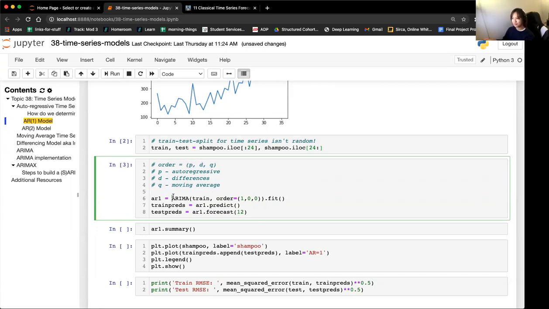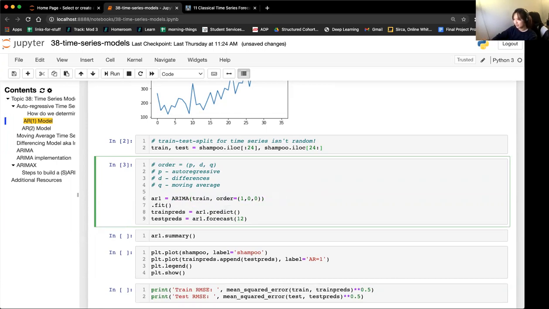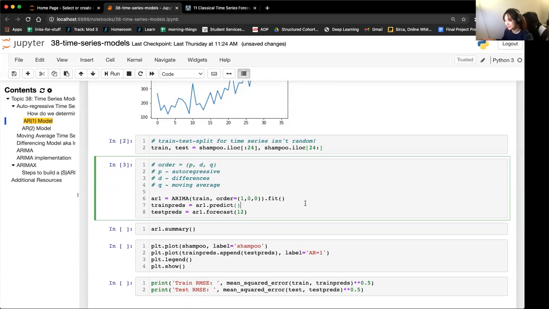So you can see when I'm fitting my ARIMA model, I'm actually doing this in two steps. Let me just do it in one step so it's not as confusing. The way that you instantiate it is with your train set as well as the order. We can fit it at the same time.